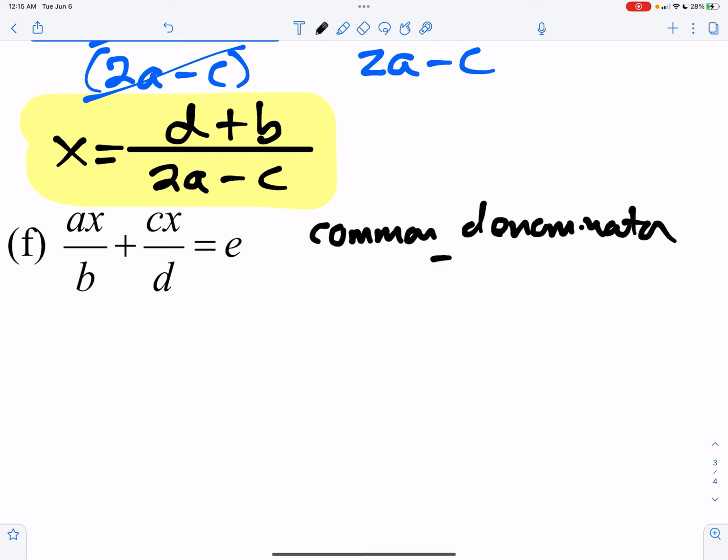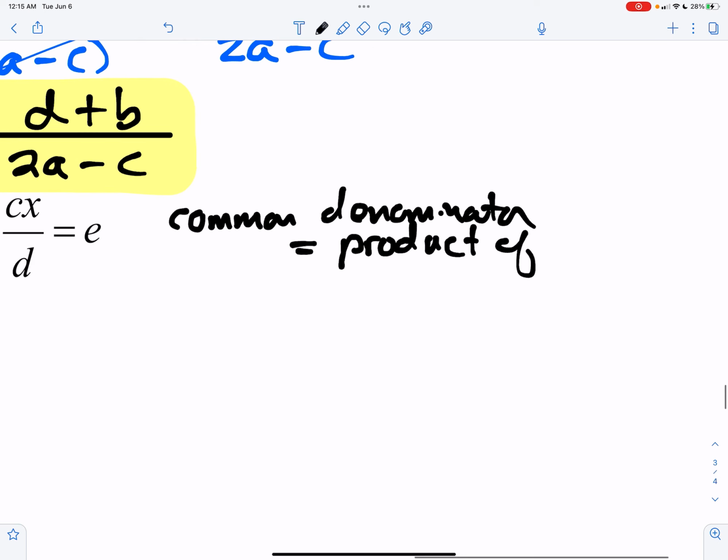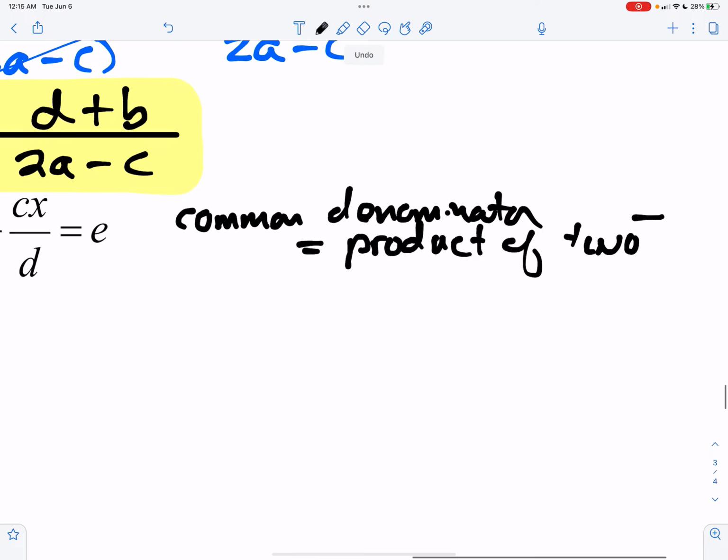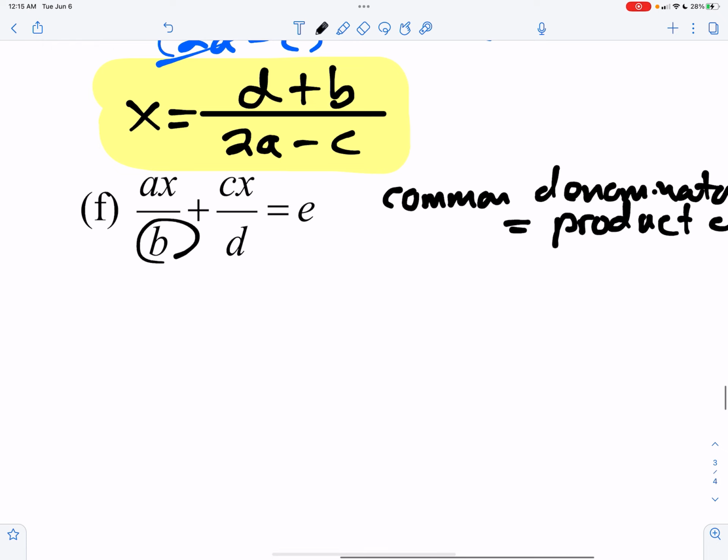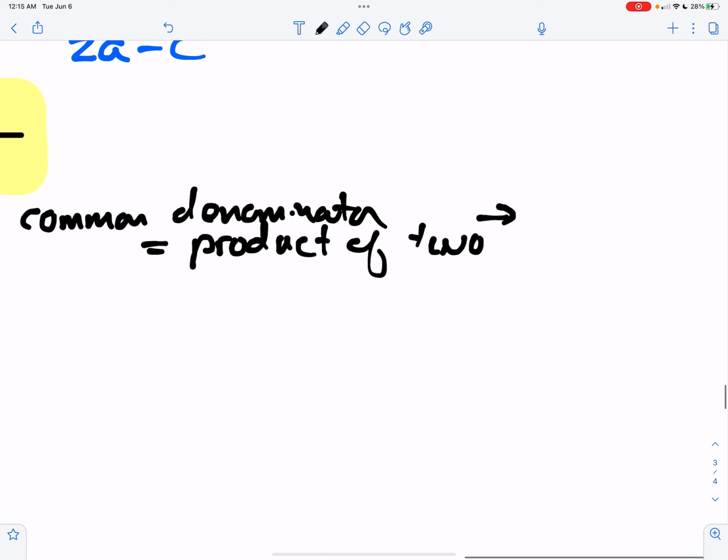So a common denominator is just the product of the two. In this case, what's the common denominator? Look at your two denominators. Your denominators are b and d. So what's your common denominator? It is b times d.